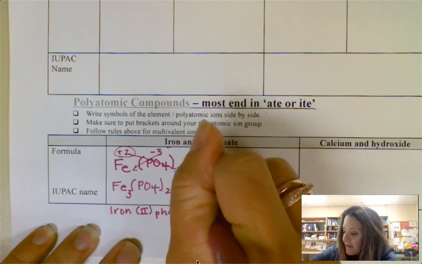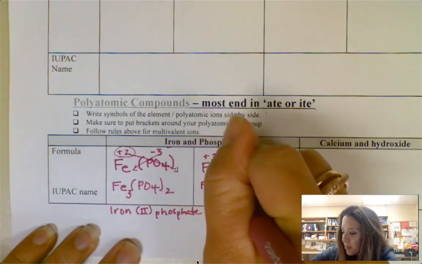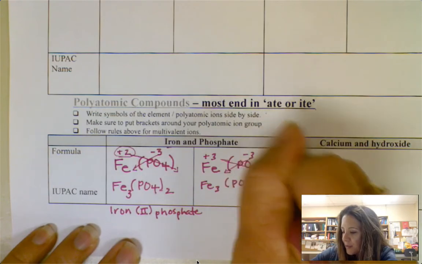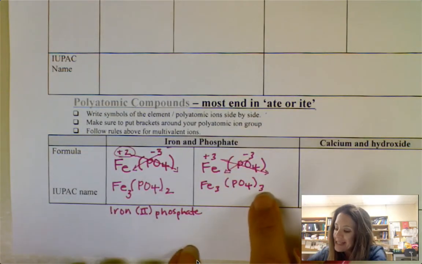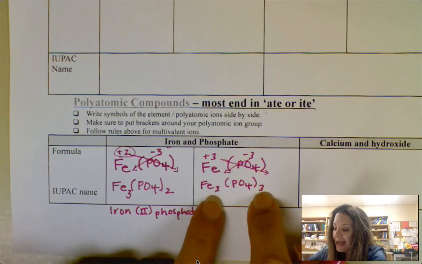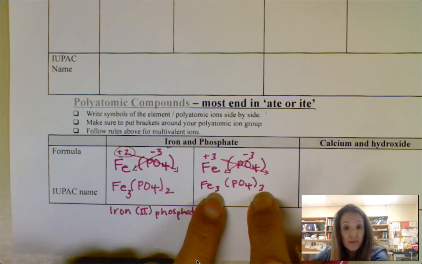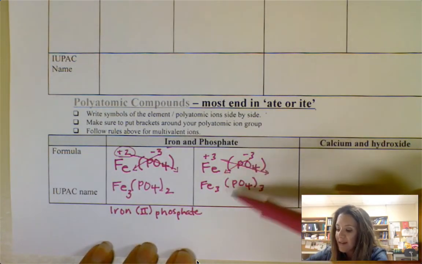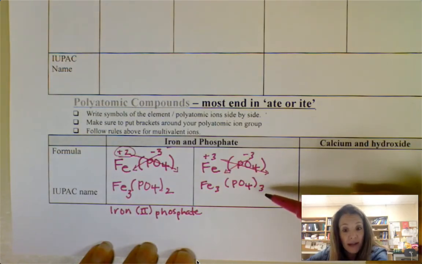Now, the next potential compound that can be made, we get Fe3 bracket PO4 bracket 3. Because the number outside the bracket and this number 3 beside the iron both have a common factor, you must reduce those. Remember that whenever there is a 1 outside of the bracket, you can drop the brackets.